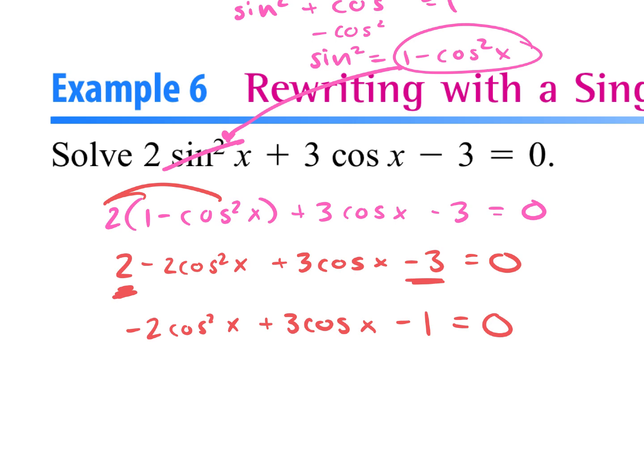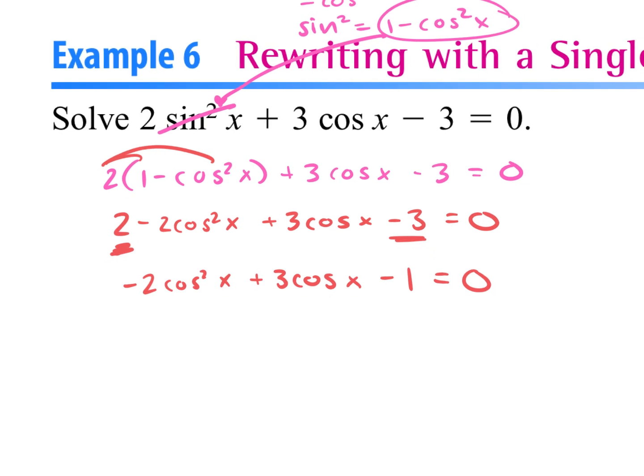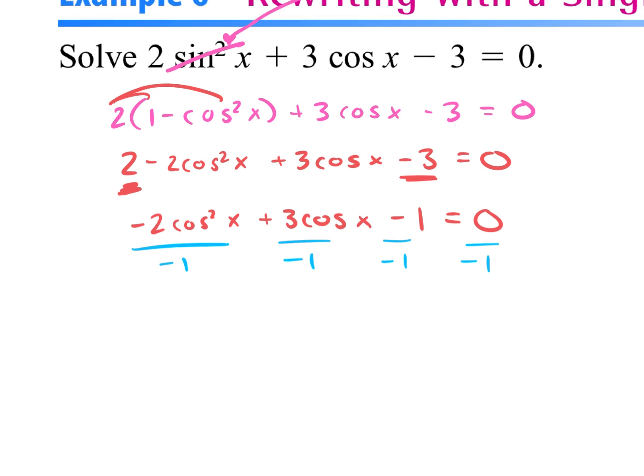I can multiply the first and the last, but what would I want to do to make this a little bit better for us? I'm going to divide everything by -1 just to change the leading coefficient, because we don't like it when it's negative. It just makes our life a little bit harder. So I'm going to divide everything by -1, flip all the signs. So this is now 2 cosine squared minus 3 cosine plus 1 is equal to 0.